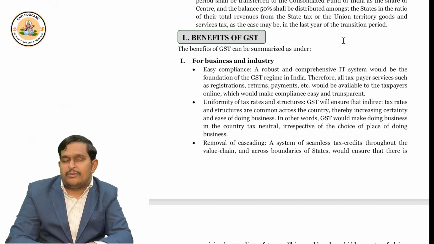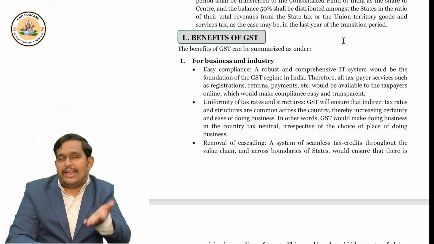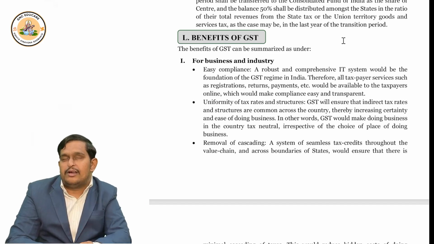Right? Government revenues increased actually. Every time you see 1,80,000 crores per month collection of GST, 1,90,000, 2 lakh crores, right? Like that, every time it is continuously trying to reach new heights.